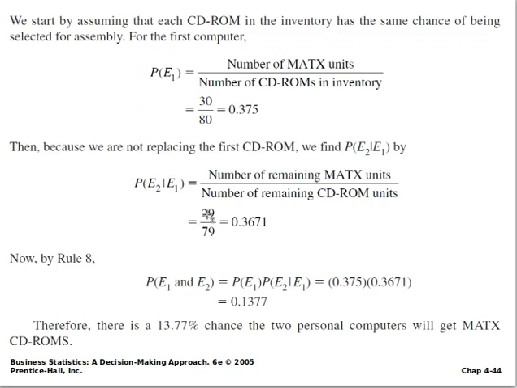For the first computer, P of E1 equals the number of MAT-X units over the number of CD-ROMs in inventory, which in this case is 30 over 80.